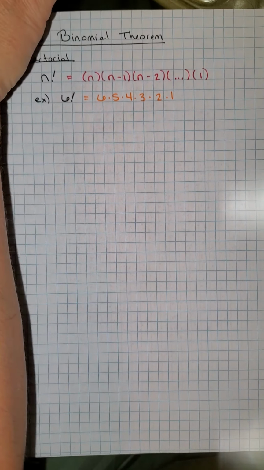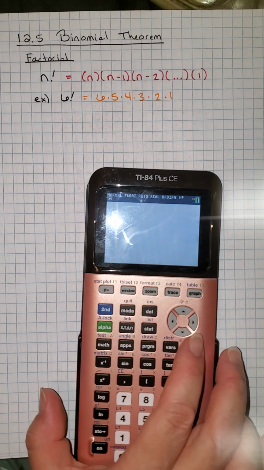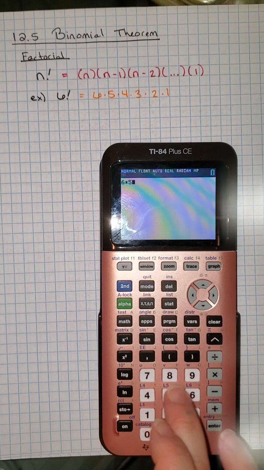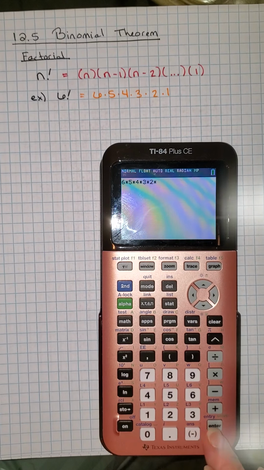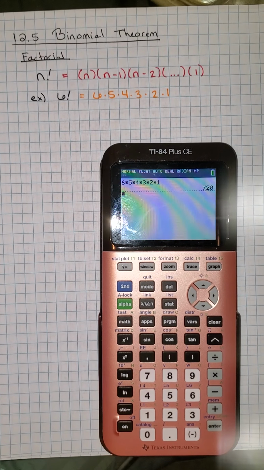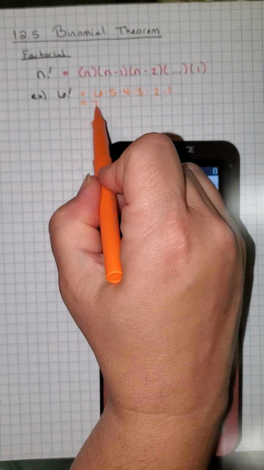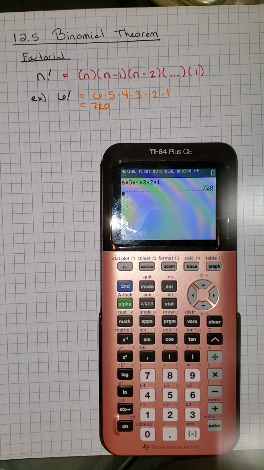So in your calculator, you can do it the long way. We're doing 6 times 5 times 4 times 3 times 2, and you don't really need to do the 1 because it's just itself. So you get 720.